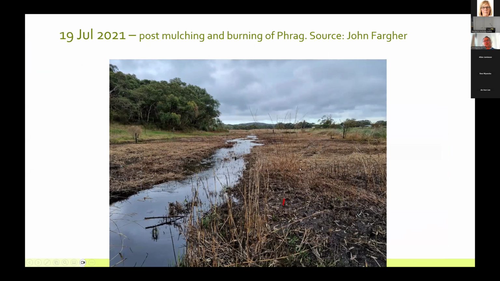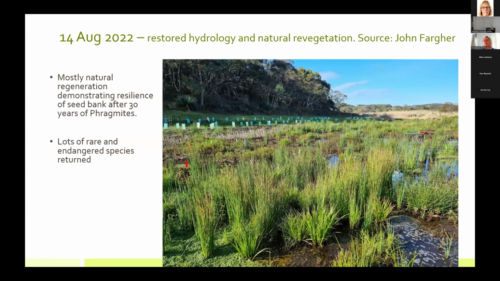and so then that was basically the situation in 2021. And to give you an idea of how these sites can respond to some TLC, that was a site basically 12 to 15 months later.